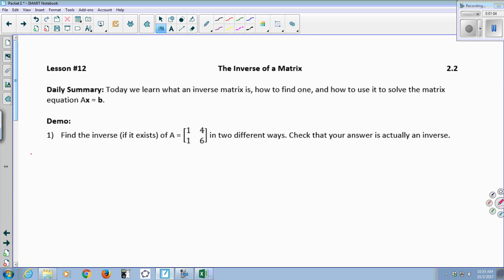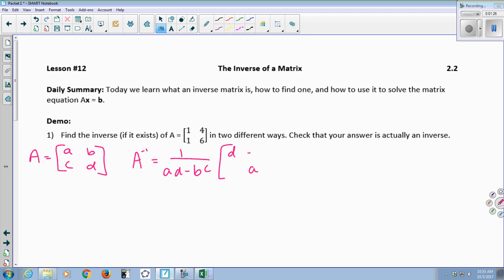If A is the matrix A, B, C, D, then A inverse is 1 over AD minus BC times the matrix rearranged a little bit. So A and D swap, and B and C stay where they are, but they become opposites. So that's my formula for an inverse matrix for a 2 by 2.